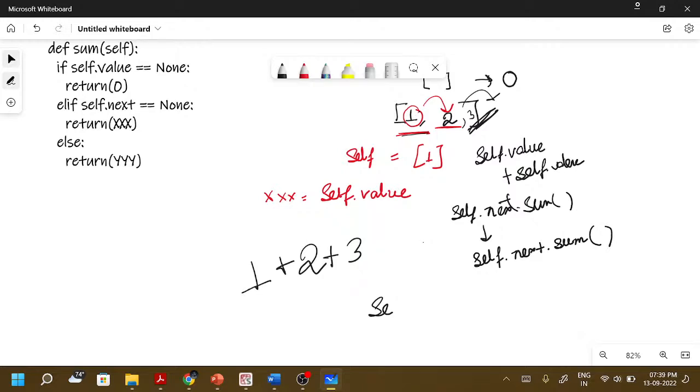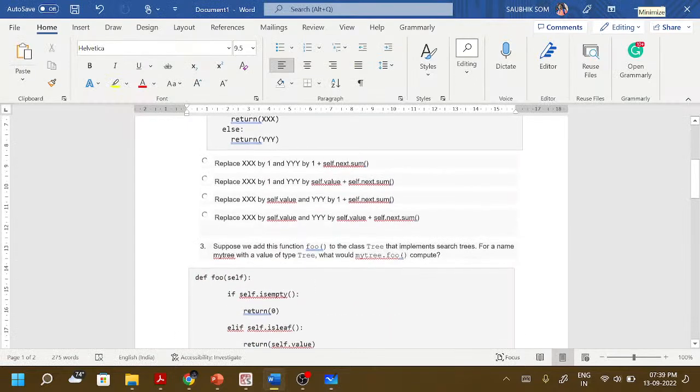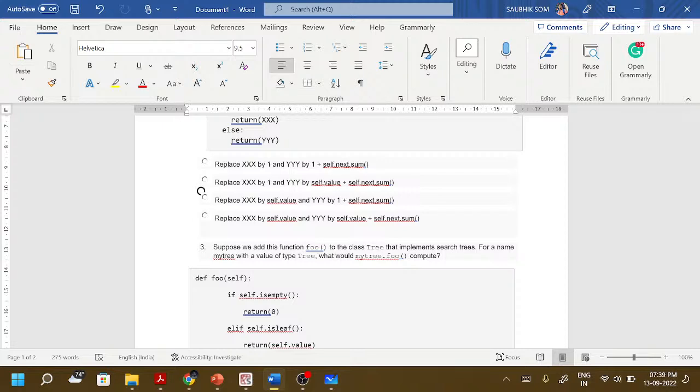So our answer is to replace xxx by self.value and yyy by self.value plus self.next.sum, because till self.next is none, we are recursively calling sum. So self.next.sum is again giving the next sum recursively. Is it clear?